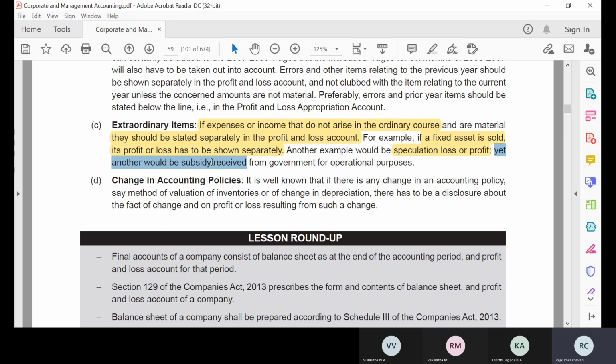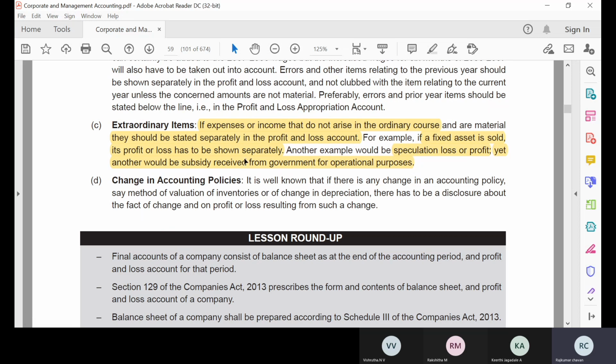Another would be a subsidy you received from the government for operational purposes. Subsidy is not regular, you won't get it regularly. Most of the time the government provides subsidies to manufacturing industries. If you set up your business in a rural or undeveloped area where there is no industry, you get some subsidy from the government, and that is one-time assistance.